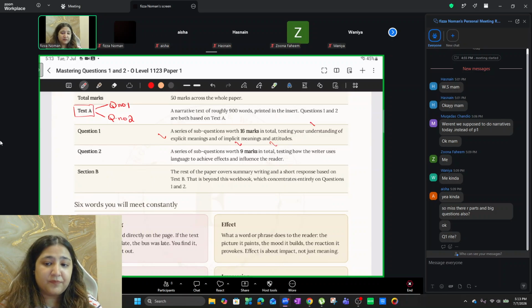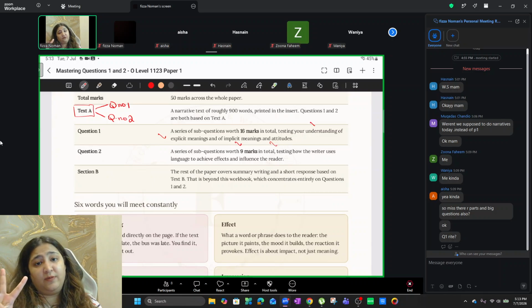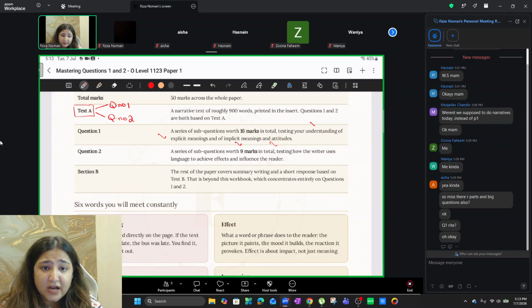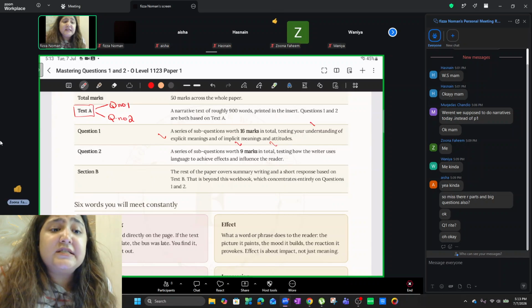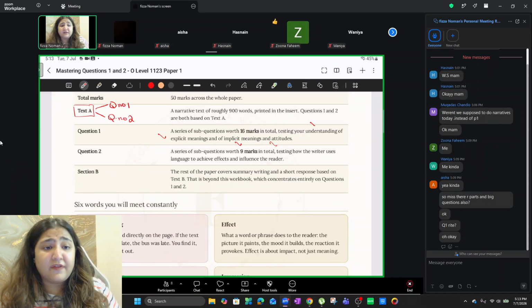But when it comes to mark allocation, in question 1 and 2 both, you get questions amounting to either 1 mark, 2 marks or 3 marks. That's it. Are we understood? Did everyone understand? Boys and girls, all of you? Okay. Understand that no sub-part will be more than 3 marks.